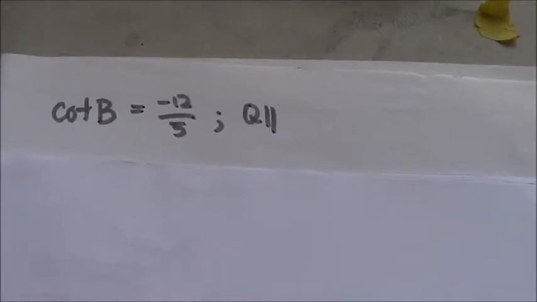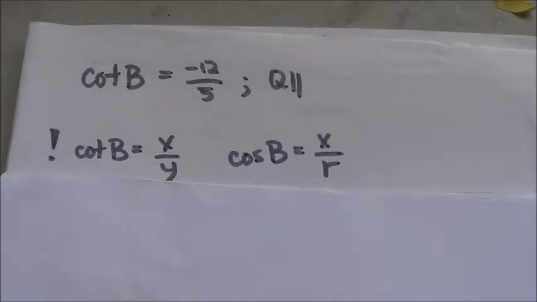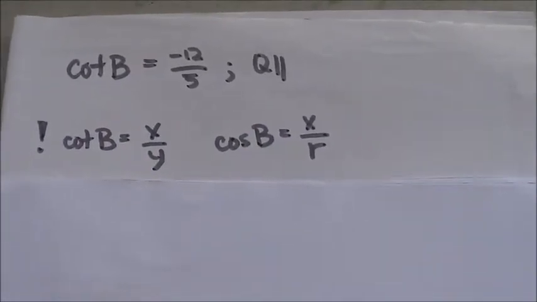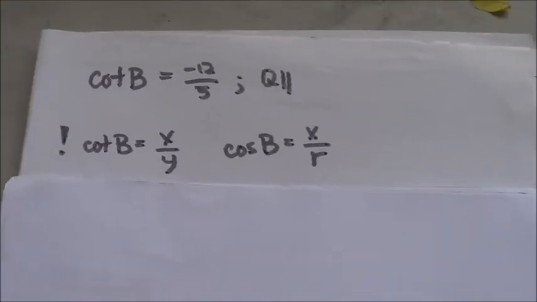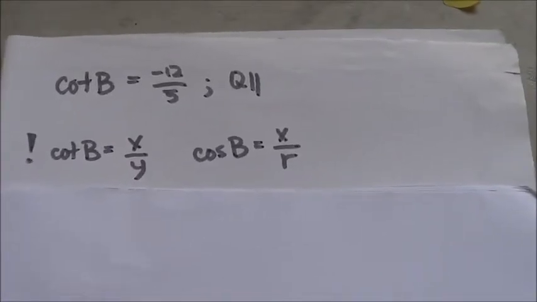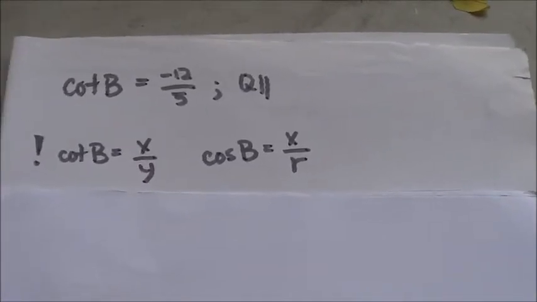From the given, we know that cotangent B is equal to -12/5 and it is in quadrant 2. So let us remember that cotangent B is equal to x over y and cosine B is equal to x over r. But what exactly is the value of x? Because we only know the magnitude to be 12, but we do not know the sign.